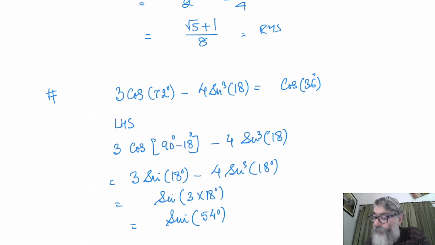Now, on the left hand side I have sin 54, but on the right hand side I have 36. I can change sin. How? Sin 90 minus 36 is 54. So it will become cos 36 degree. That is the right hand side. We have got the right hand side.